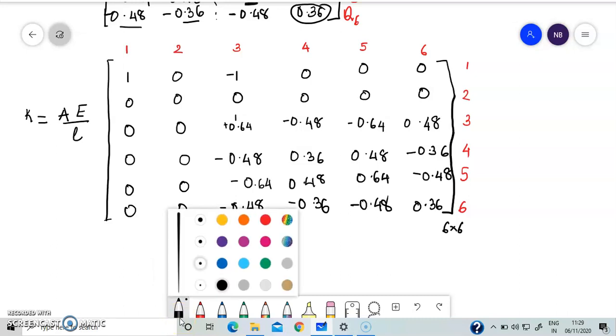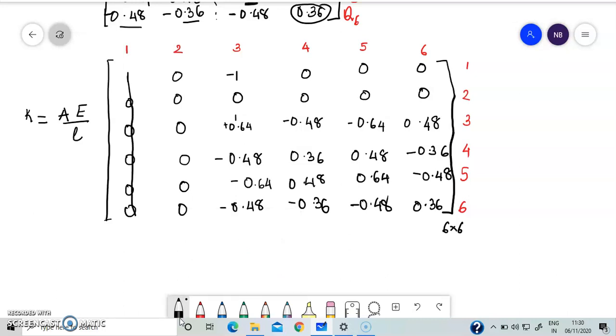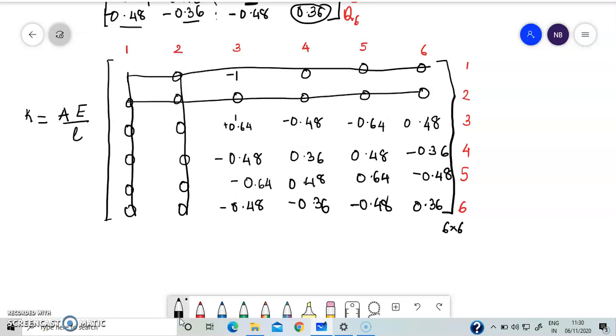So we have to eliminate this row as well as this and this. And node 3 has degrees of freedom 5 and 6.